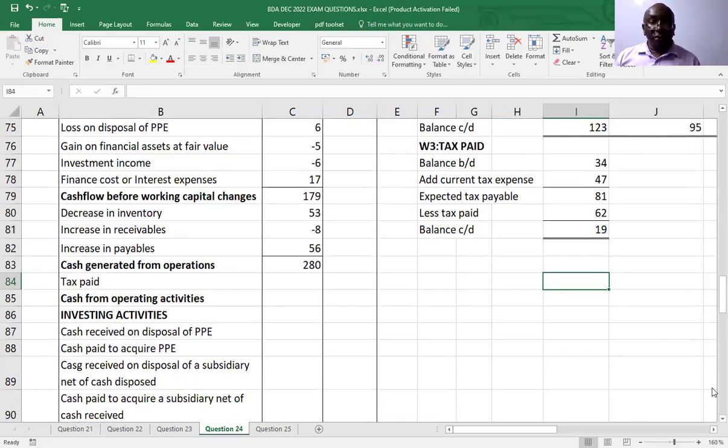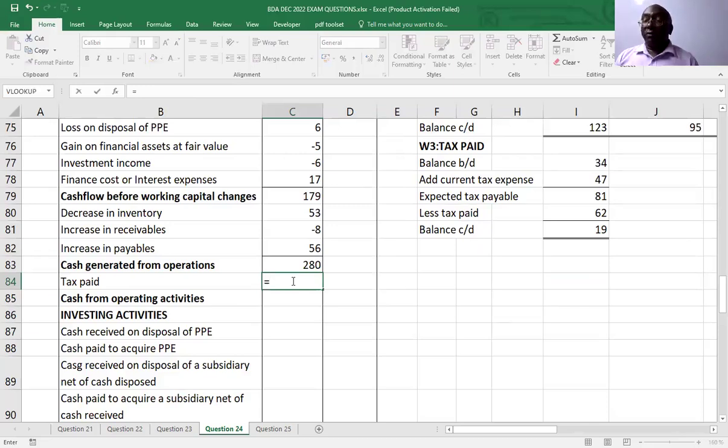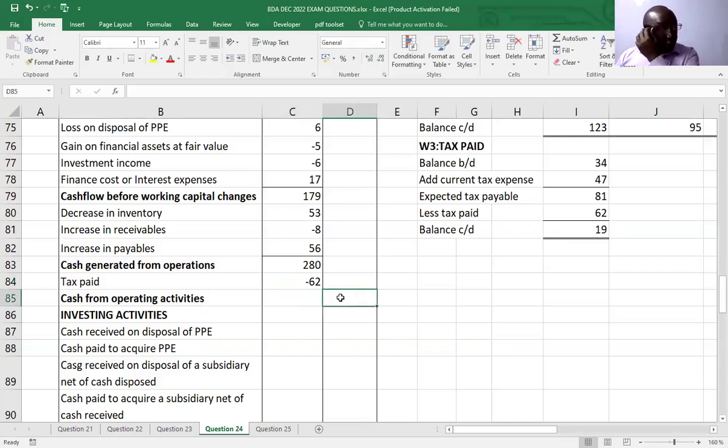Now, if that is what was paid, tunakibia nayo hapa, tunasema equals. Now, there's an inflow. Sorry, is an outflow. So we put negative this one. Put it there.